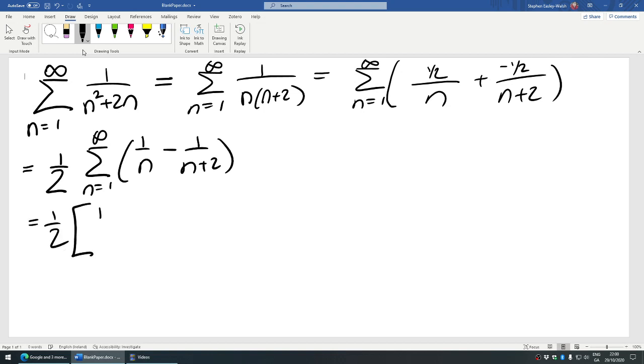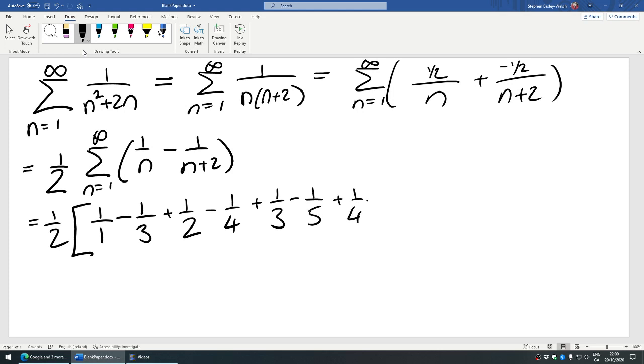Okay, so 1 over 1 minus 1 over 3, plus 1 over 2 minus 1 over 4, plus 1 over 3 minus 1 over 5, plus 1 over 4 minus 1 over 6, plus 1 over 5 minus 1 over 7, and so on, plus 1 over 6 minus 1 over 8, etc.